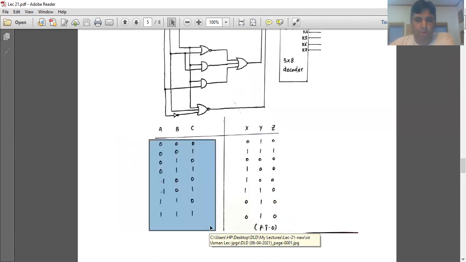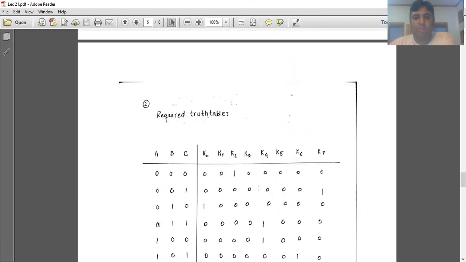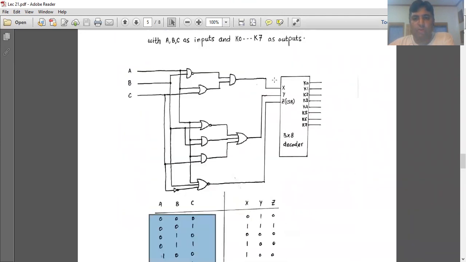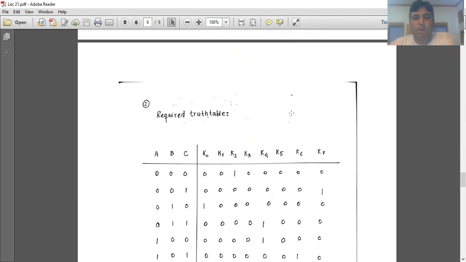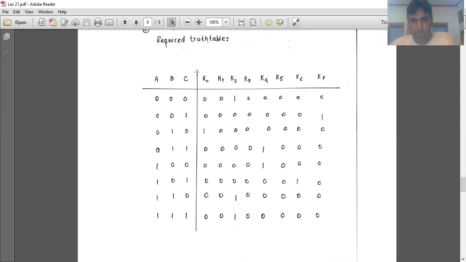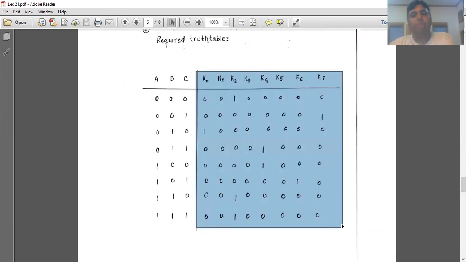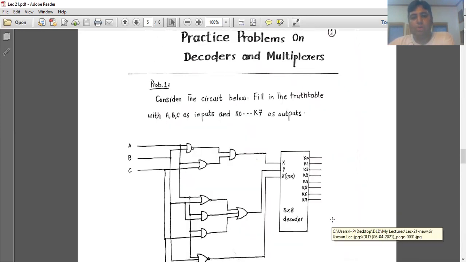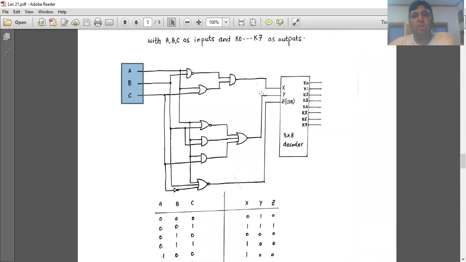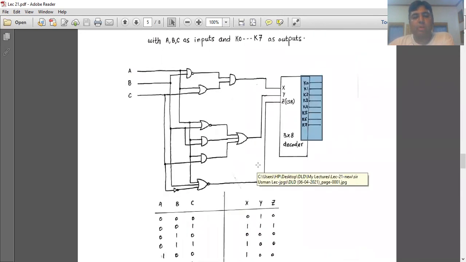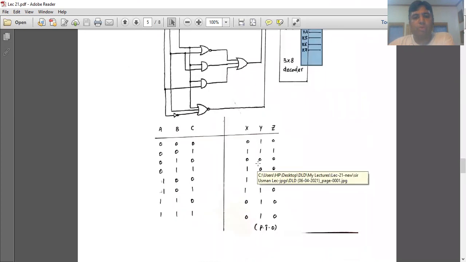Then on the next page, given XYZ, you will fill in the values of K0 to K7. So first you will make a table of ABC with XYZ, and then a table of ABC with K0 to K7. This is basically an easy problem. I will show you the procedure of filling this truth table.